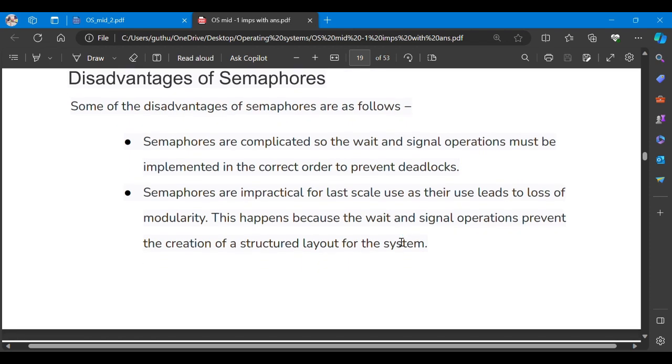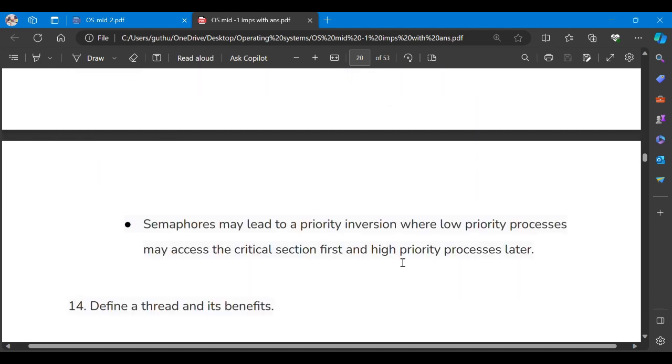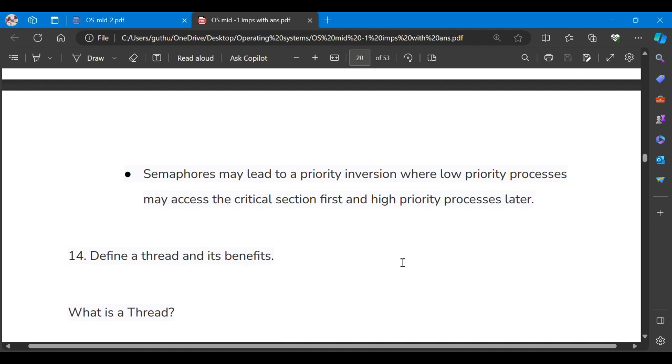Semaphores are also impractical for large scale use as their use leads to loss of modularity. This happens because the wait and signal operations prevent the creation of a structured layout for the system. They may also lead to priority inversion, where low priority processes may access the critical section first and high priority processes later.